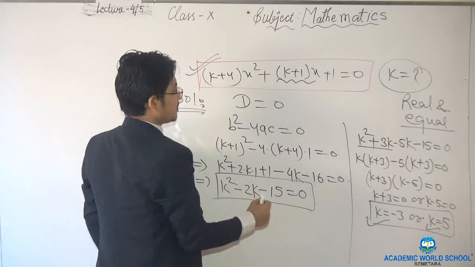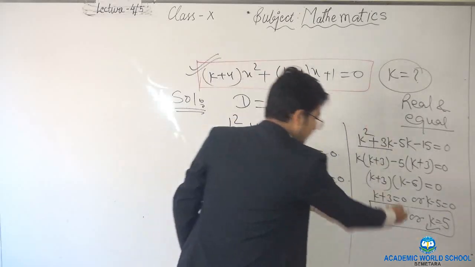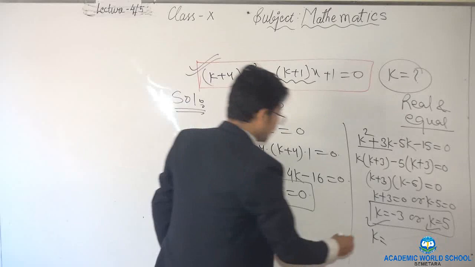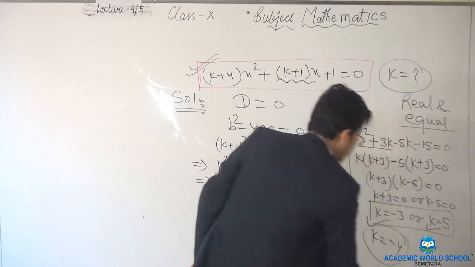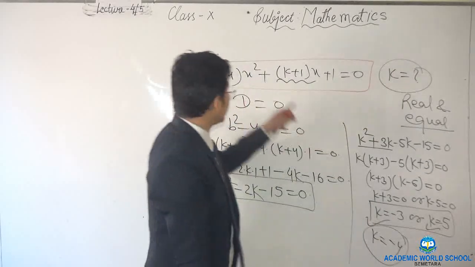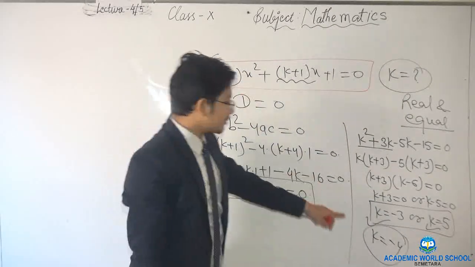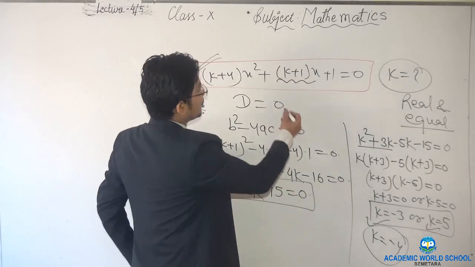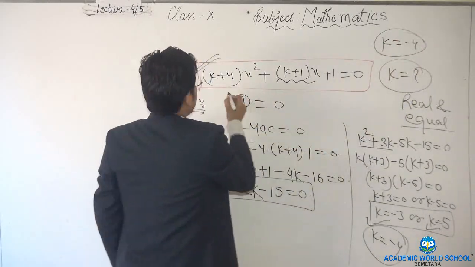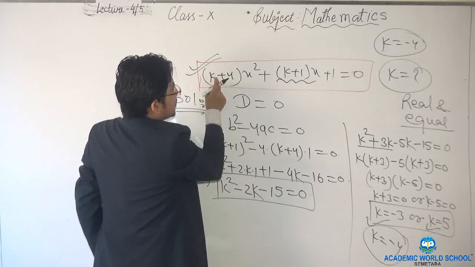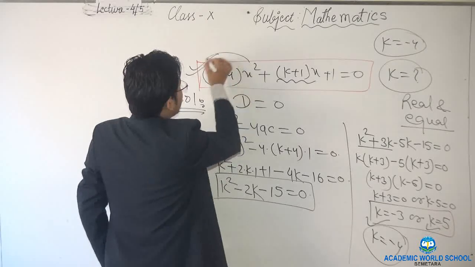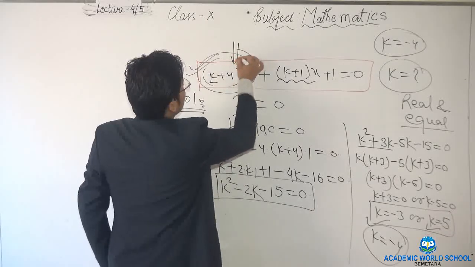But suppose we found the answer and we got k is equal to minus 4. Now I am asking you, can we take k is equal to minus 4 over here? If I substitute the value k equal to minus 4 in this particular equation, I will get this term 0.